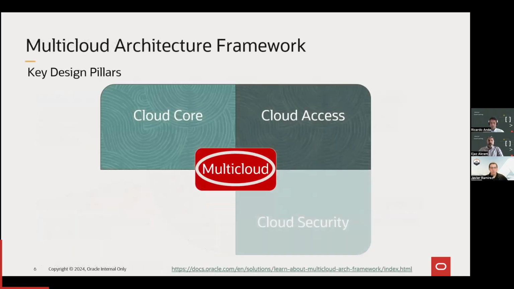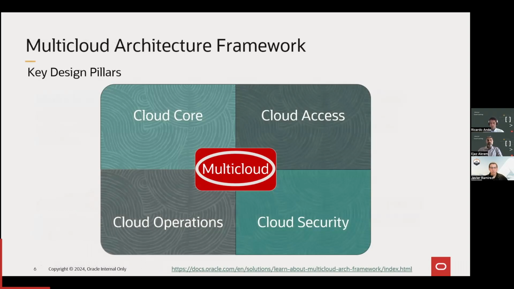So what I want to quickly share here is that from a multi-cloud architecture perspective, we have developed a framework for the design and deployment of your multi-cloud solutions. That includes 4 core pillars from a design perspective: the cloud core, which is basically the services you want to use from each cloud provider, the best of breed.